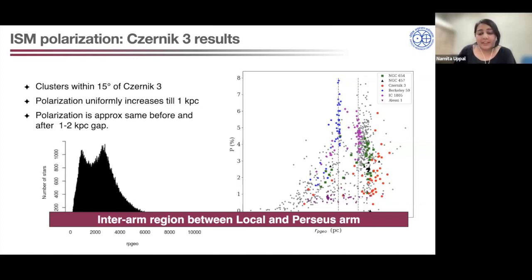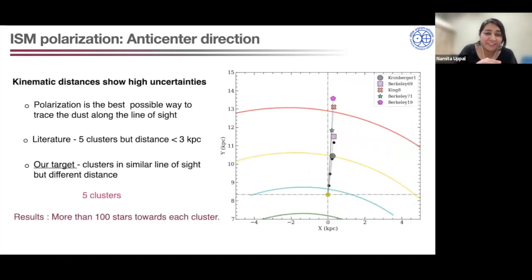So as a next step, we went to another line of sight, and this is one of my favorites because we selected this line close to the anti-center direction. The amazing thing here is that even if we have some kinematic information from molecular data at longer wavelengths, we still cannot find the accurate distance of the dust cloud along this line of sight, because the major portion of the velocity component is in the plane of sky, but not in the radial direction.